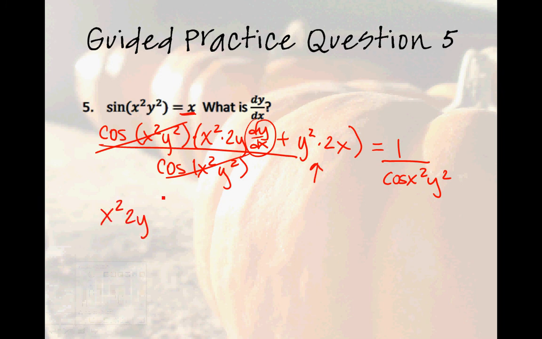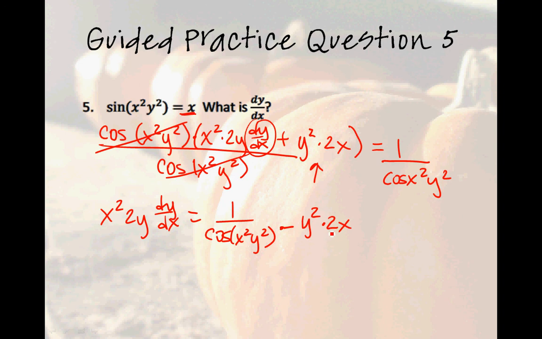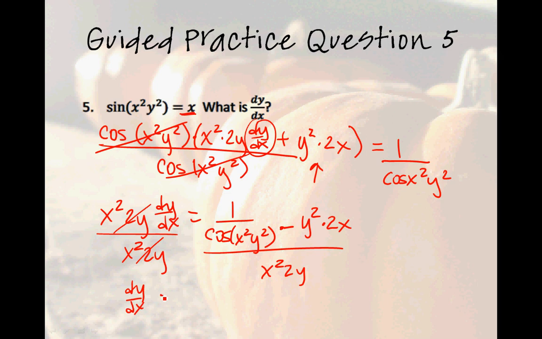So we have 1 over cosine of x squared y squared minus y squared times 2x. And then the last thing we need to do is divide. So dy/dx equals that whole mess there. Okay? And again, you might be able to substitute some stuff in. In this case, no. There's not anything to substitute in to simplify.